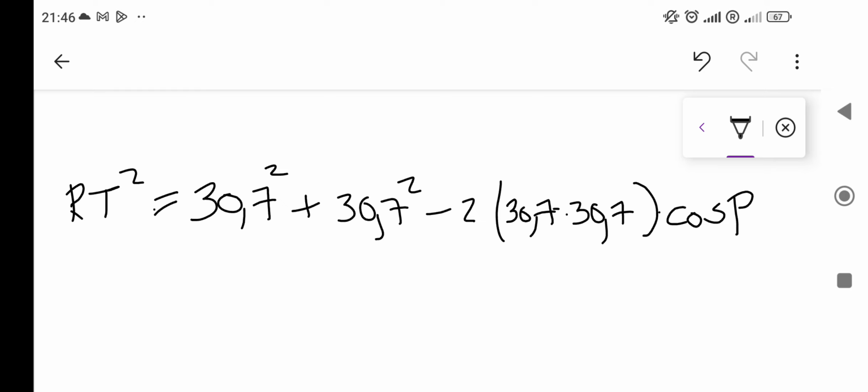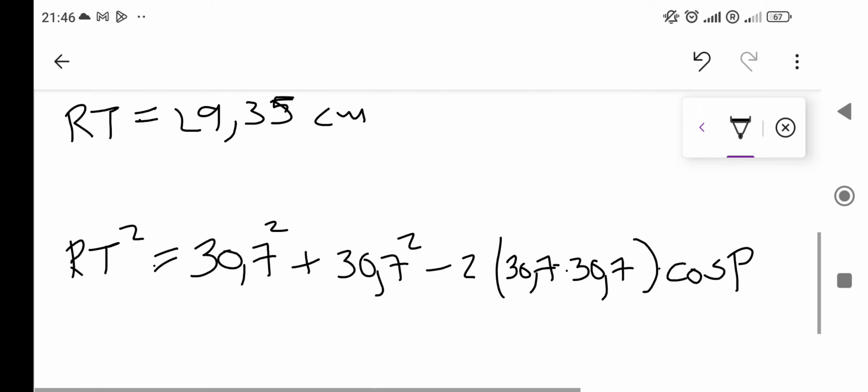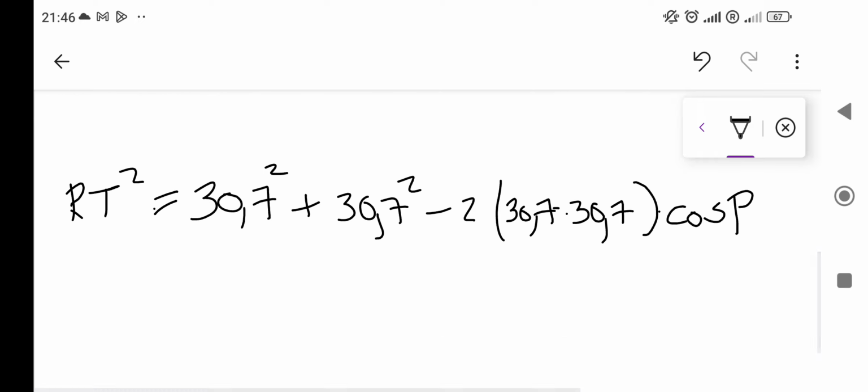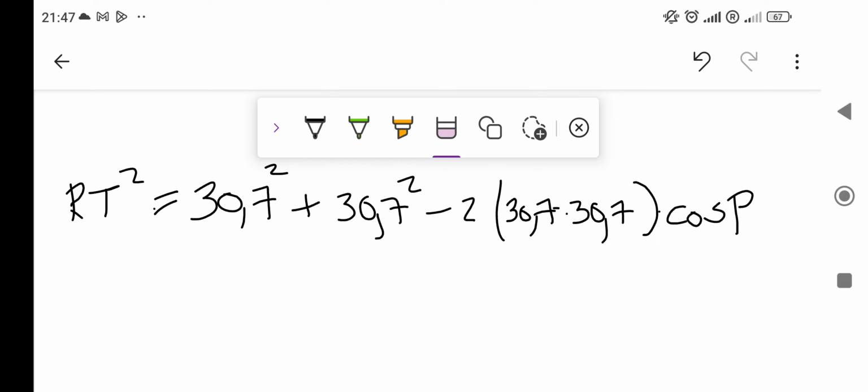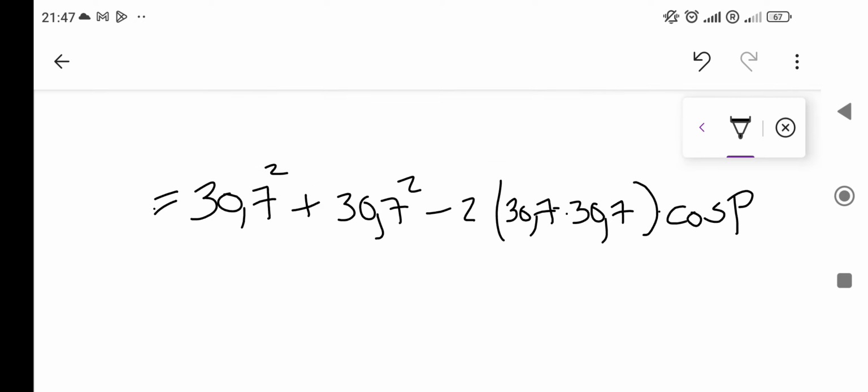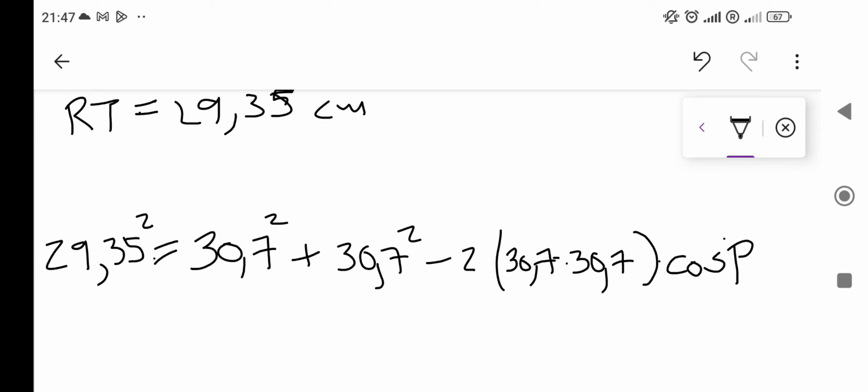Okay, we do know RT's value, so let's replace it. RT is 29,35 squared. Right, great. So we need to get angle P all on its own.